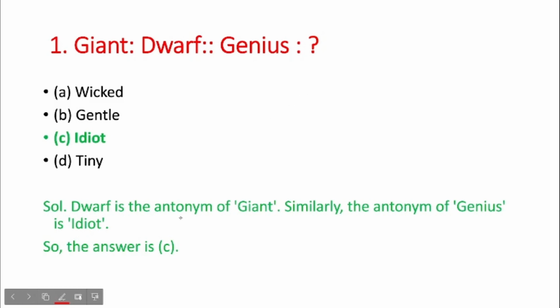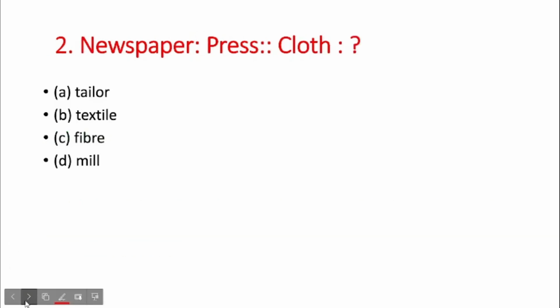Antonyms and synonyms, we have learned them in our school days. They are nothing but opposites and similar meanings. The next question: newspaper, press, cloth. That means newspapers are made in a press.